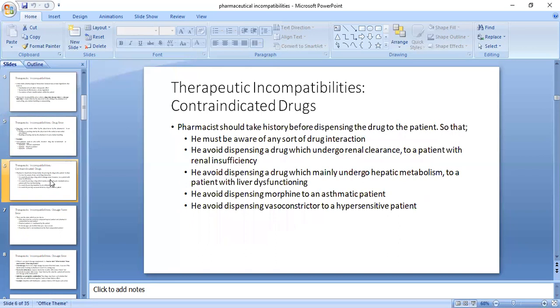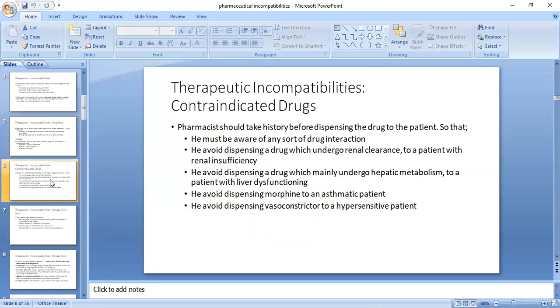Then there is therapeutic incompatibility in contraindicated drugs. In this, the pharmacist should take a history before dispensing the drug to the patient, so that he is aware of any sort of drug interaction. He should avoid dispensing a drug which undergoes renal clearance to a patient with renal insufficiency.